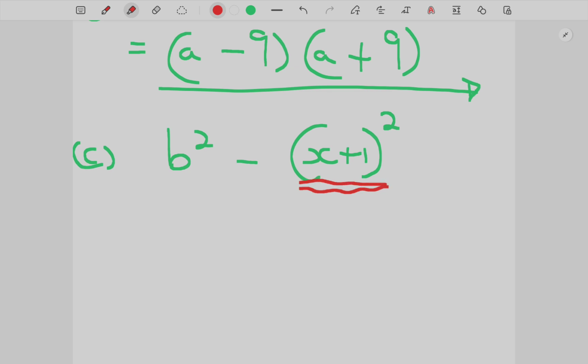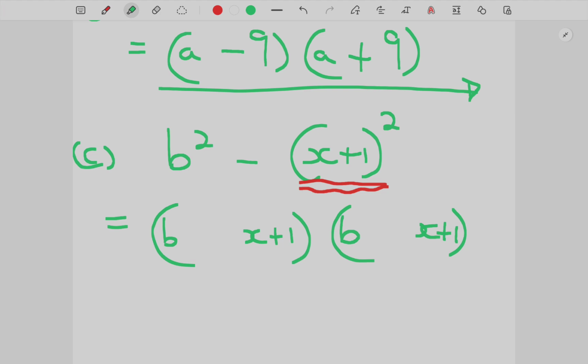It means we are going to open up 2 brackets again. Let me use green. We're going to open up 2 big brackets. For b squared it is b times b. (x plus 1) all squared is going to be x plus 1 this side and also x plus 1 this side.